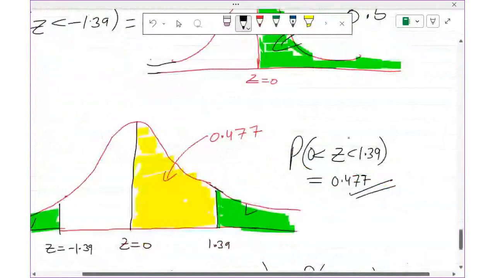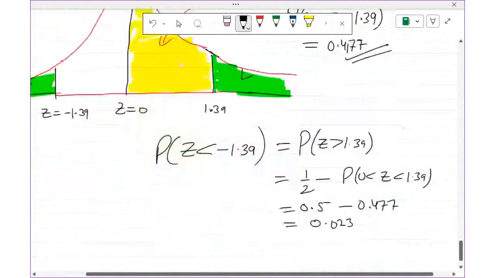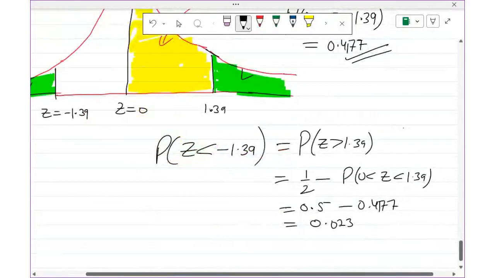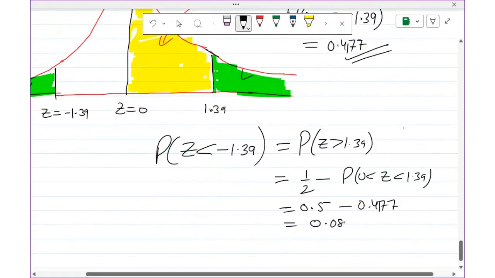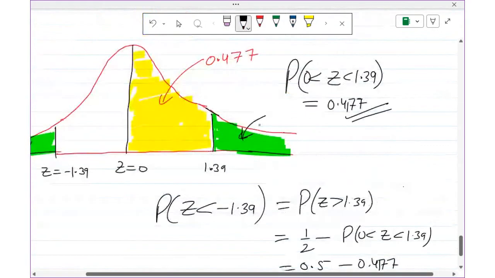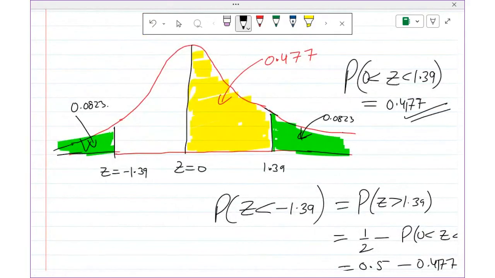Actually, this probability is 0.4177. If you now subtract, you will definitely get 0.0823. So that means I found this right side area is 0.0823, and due to symmetry, this left side will also be 0.0823. Okay, right. Is this clear, students?